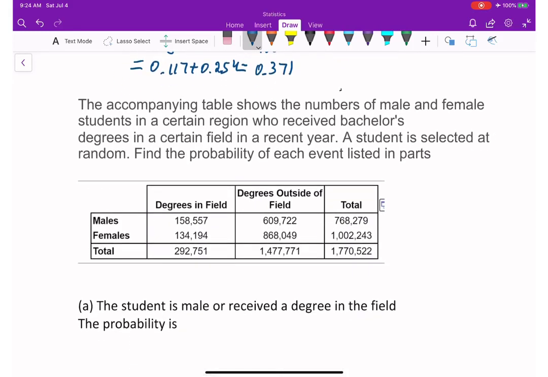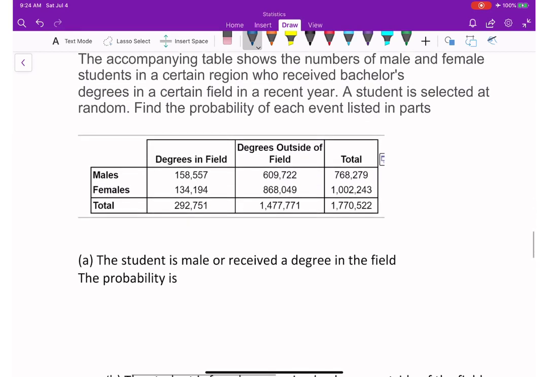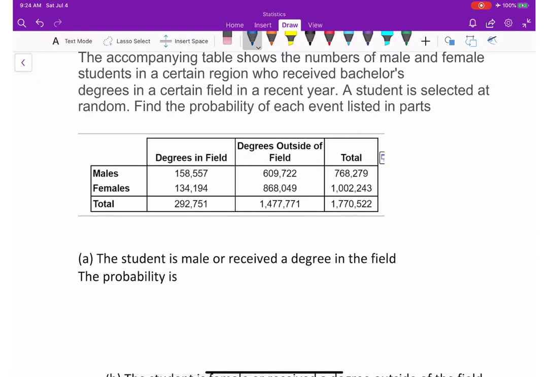Next problem. Here we have a table: degrees in the field, degrees outside of the field, and it's about male and female. So let's solve this problem. First question. The student is male or received a degree in the field. Okay, in the field.